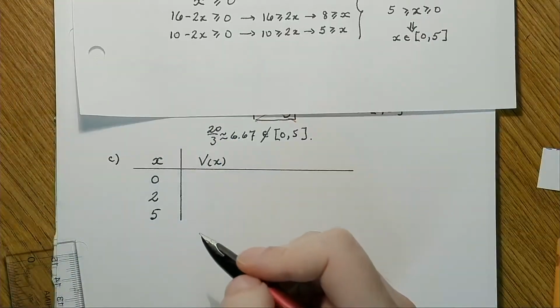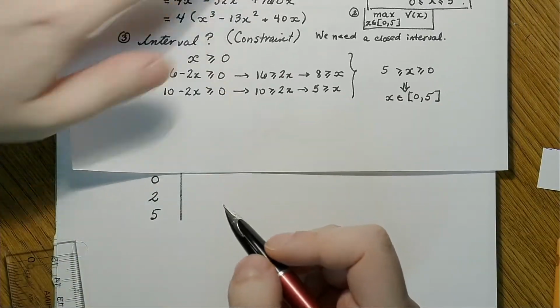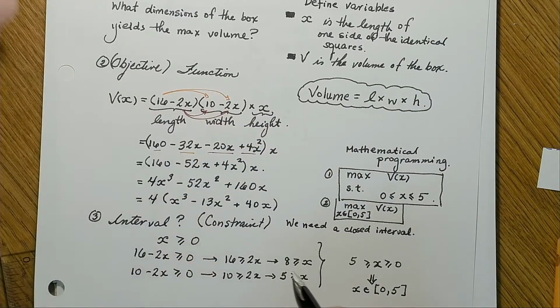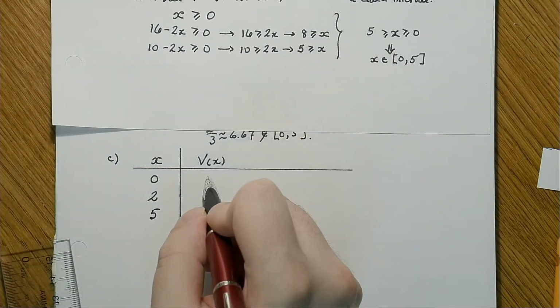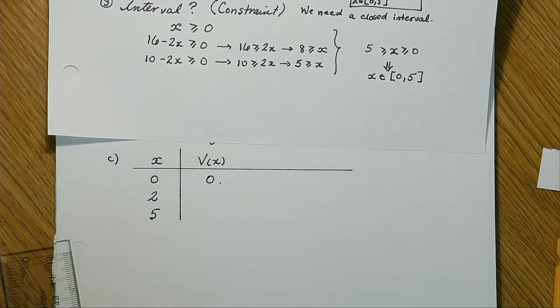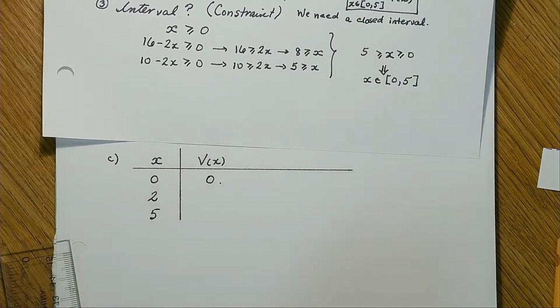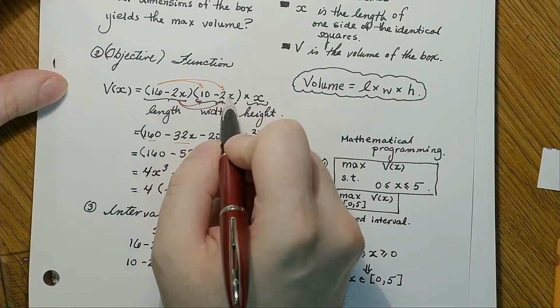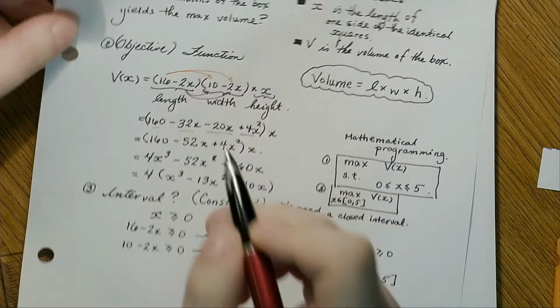So putting 0 back into the original function, I got 0, so that one's easy. 0 times this gives me still 0. That was easy. I can do 5 for you. That's also very easy, because if I put in 10 minus 2 times 5, that gives me 0.